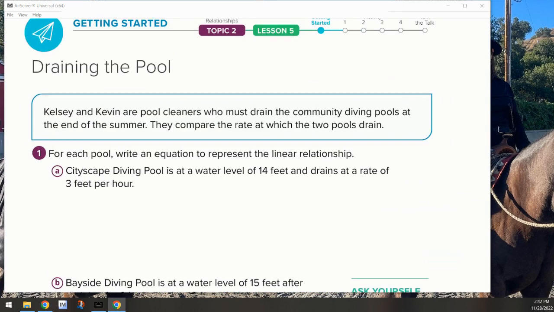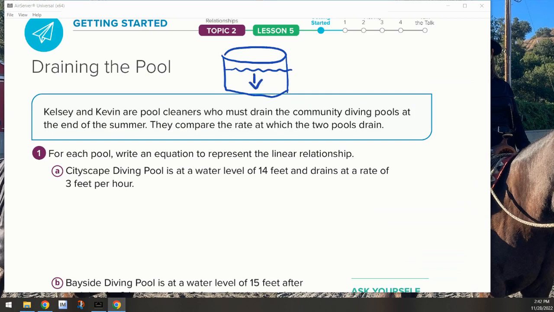So when we go to this next page, we're going to be talking about draining the pool. Now, before we even start doing this, let's think about draining the pool. Draining means I started at this level, and then the water's going to go down.